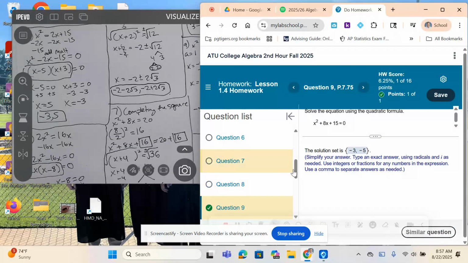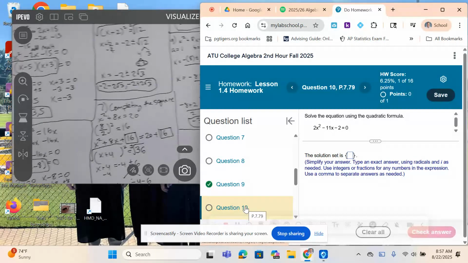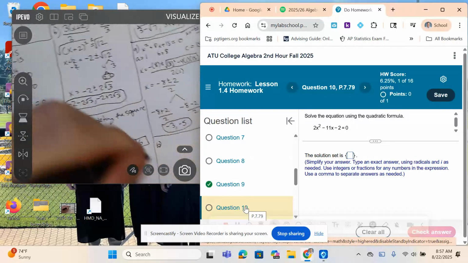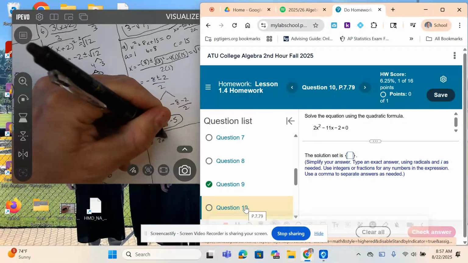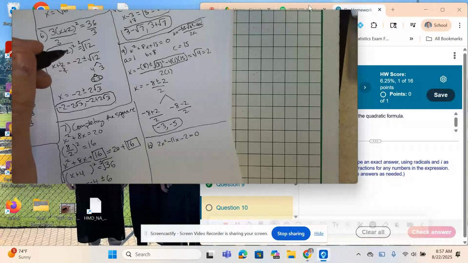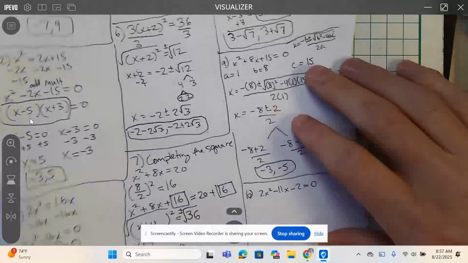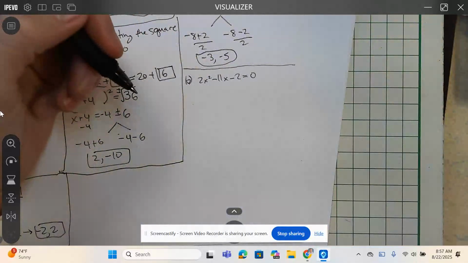All right, number 10. We've got 2x squared minus 11x minus 2 equals 0. I'll go back here. You want it to be equal to 0 first. It is.